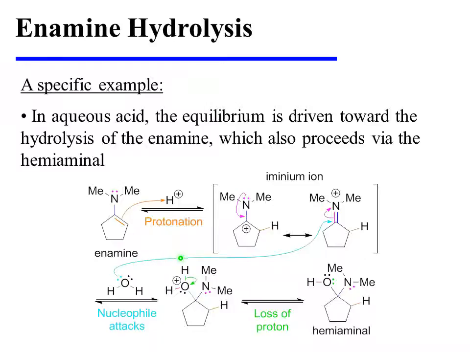Water then nucleophilically attacks the electrophilic carbon of the iminium ion, displacing the pi electrons onto nitrogen and thereby neutralizing its charge. The oxonium ion simply loses a proton to the medium to form the critical hemiaminal intermediate.